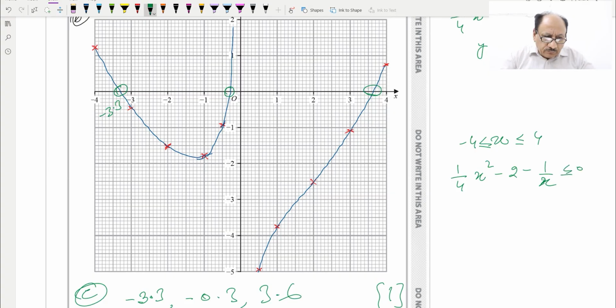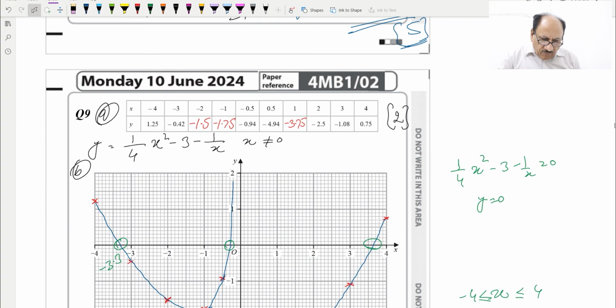So we will draw the suitable line. Basically we need to draw for this purpose, and that we can do. y is equal to 1 by 4 x square minus 2 minus 1 over x, and we can write minus 1 because we need here minus 3 for the y value.